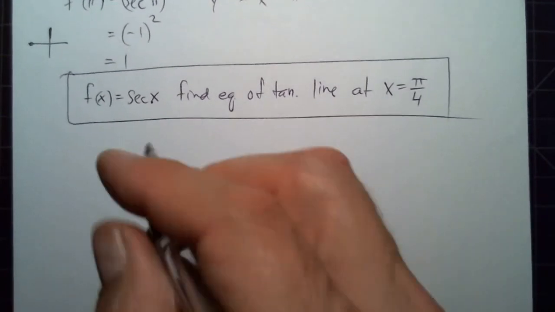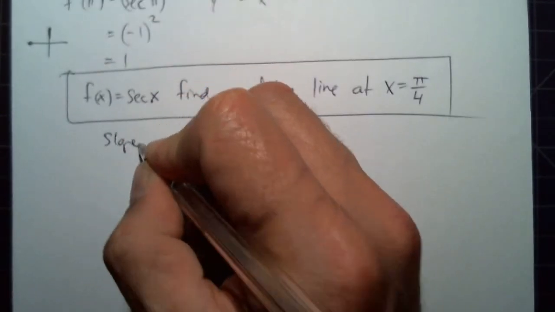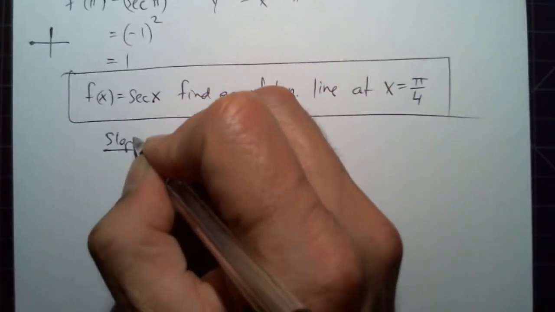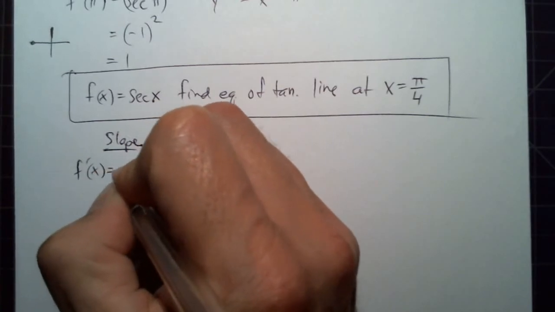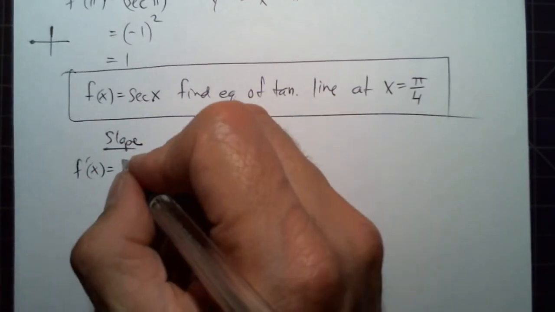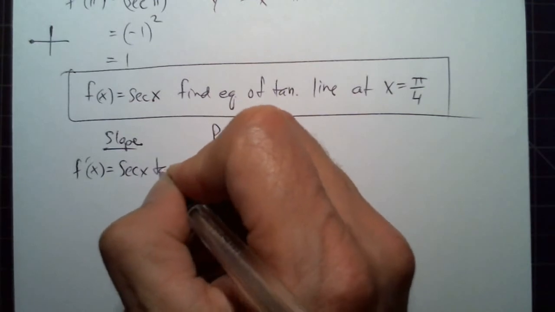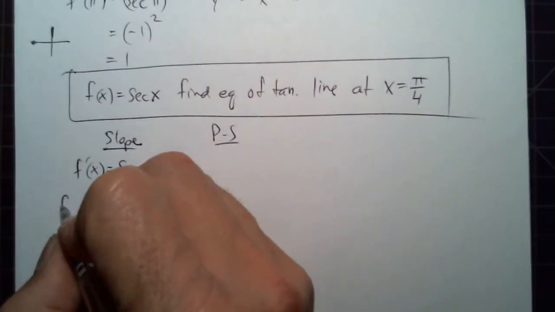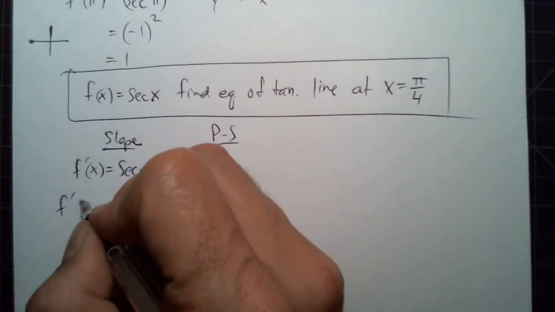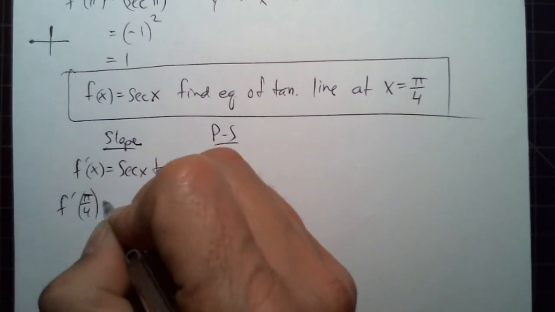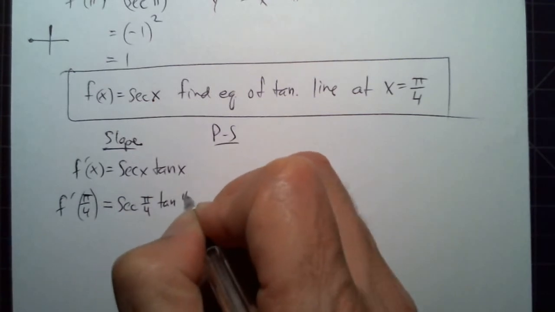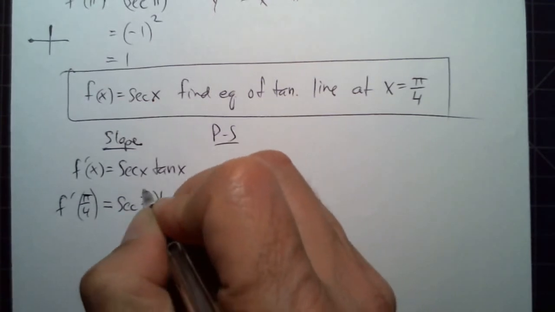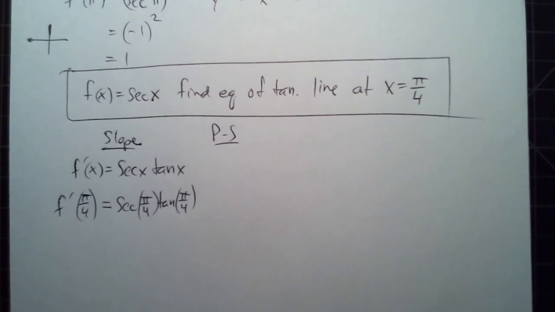Alright, pause the video and try that one. The slope is the derivative. The derivative of secant is secant times tangent. We need to find the slope at pi over 4. And secant of pi over 4.